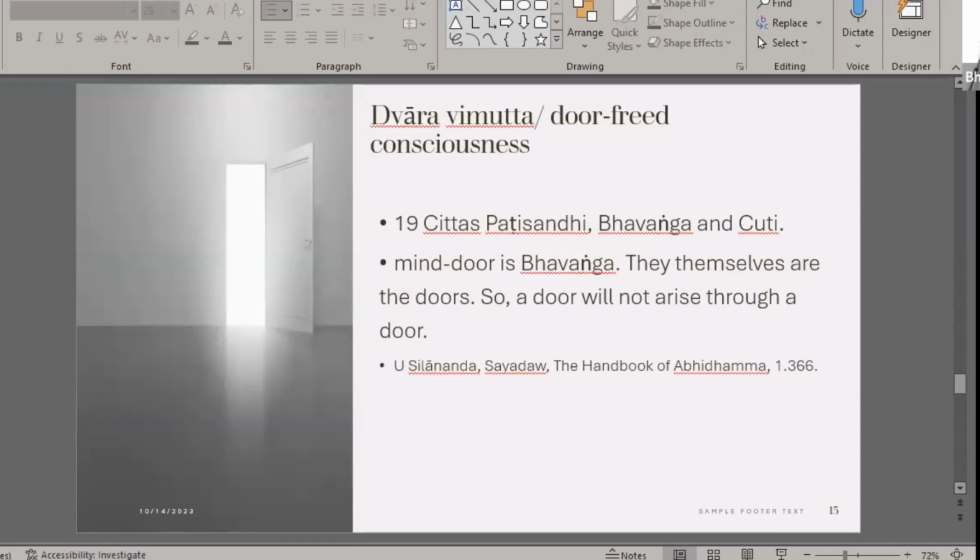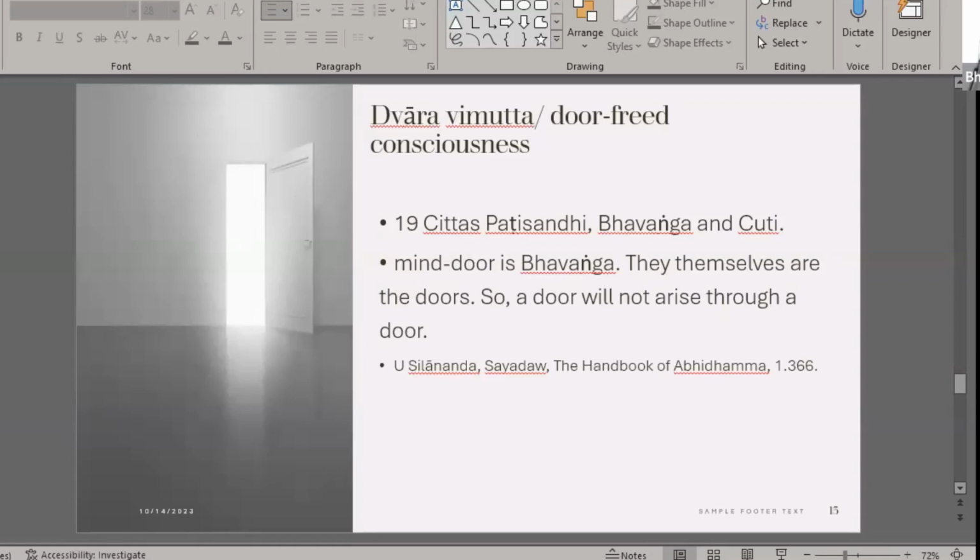If it becomes a door, they are not the Chittas that arise through that door. That's what we call door-free. So we cannot call them Dvāra Chittas. These 19 Bhavanga Chittas are called door-free consciousness. We divide them into always door-free and sometimes door-free.